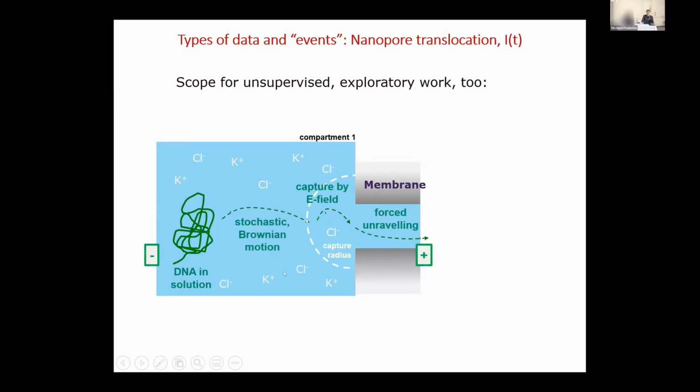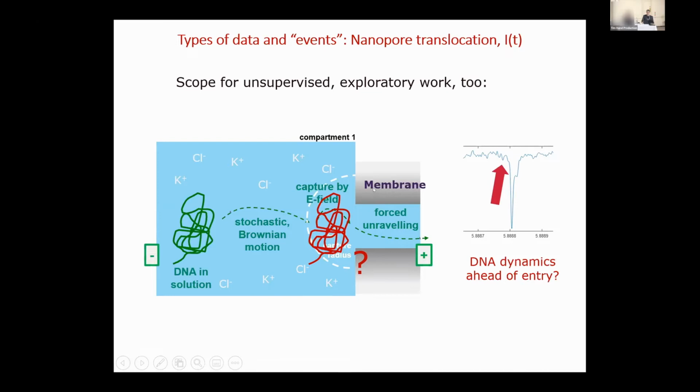If you zoom into the entrance of the pore, initially the DNA is in solution, subject to Brownian motion. It then comes close to the entrance of the pore where there's a strong electric field, and it's forced to unravel as it goes through this little pore. What we tend to see in a translocation event is the transfer in the narrow part of the pore.